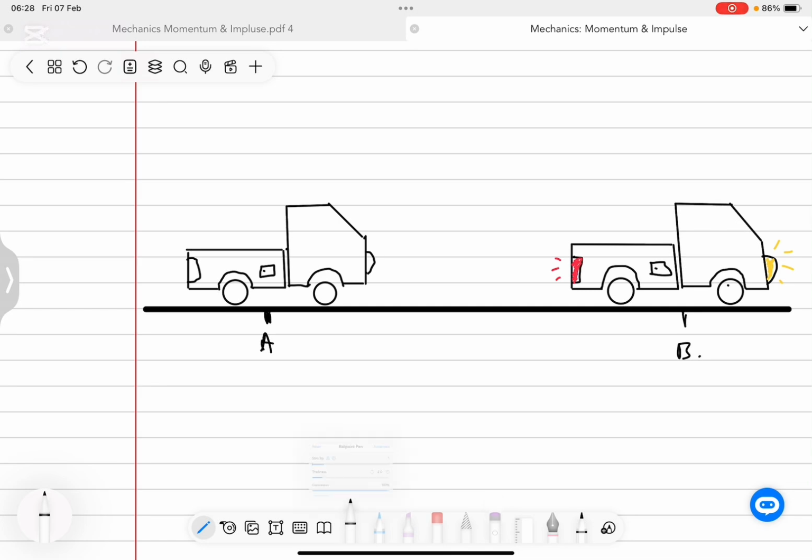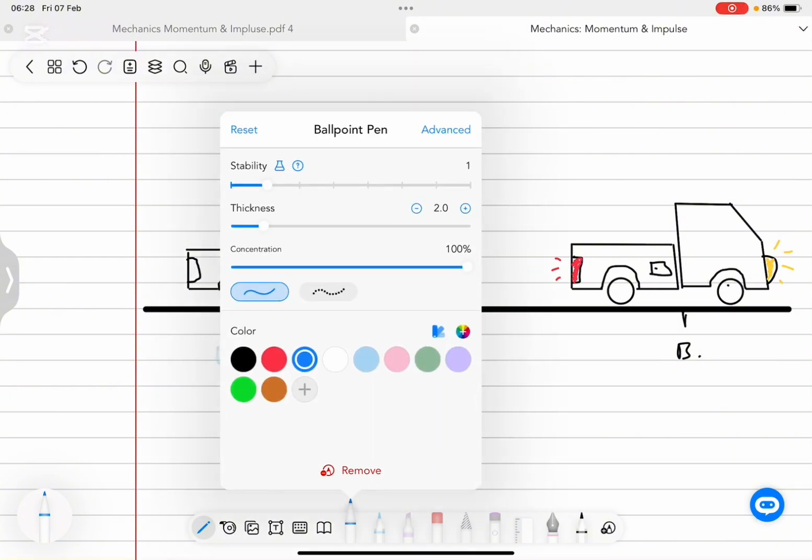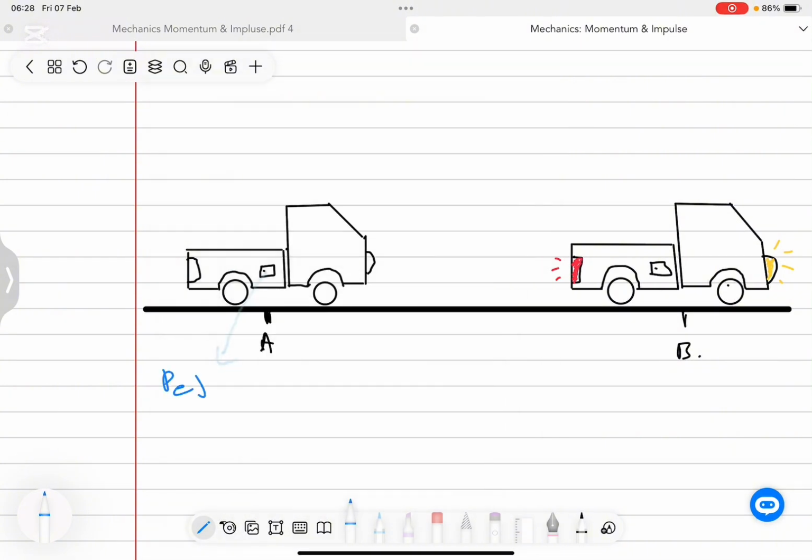The truck has a tank, and inside the tank there's petrol, some form of fuel.